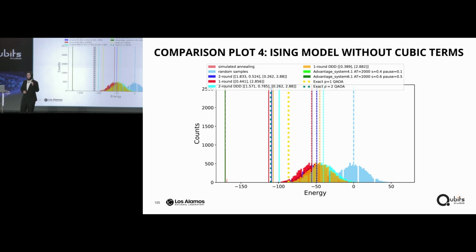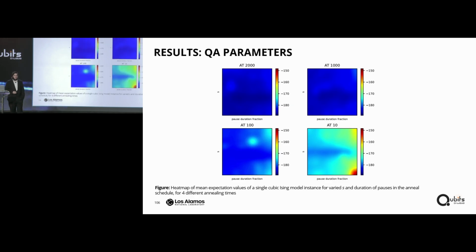So absolute best QAOA parameters and absolute best annealing schedule parameters. So these direct comparisons are apples to apples. If you put in the same amount of optimization effort for both algorithms, or at least as close as we could get to the same amount of optimization effort, then these are the distributions that you would see for these problem instances.